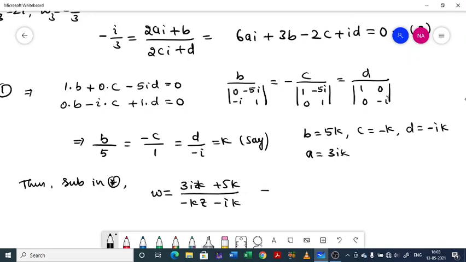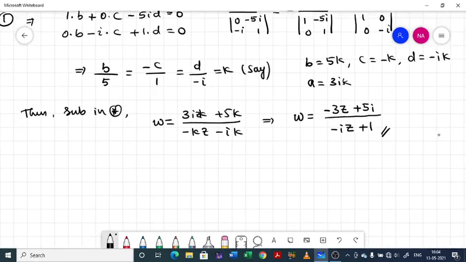So cancelling terms, finally with all simplifications, w equal to (minus 3z plus 5i) divided by (minus iz plus 1). So this is the final answer I am going to get.